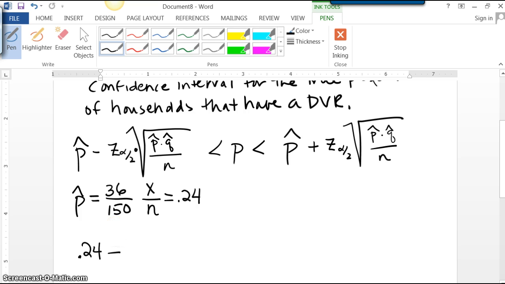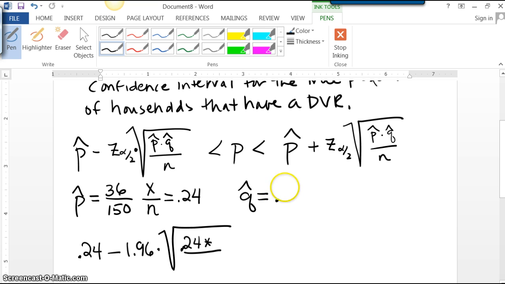The Z that goes with 95% confidence is 1.96. There's an earlier video that talks about how to find that. This is the same P hat right here, 0.24. And then Q hat would be the proportion of households that do not have DVRs.